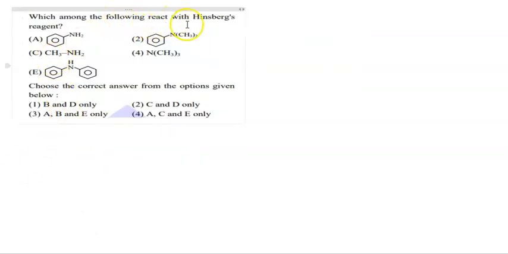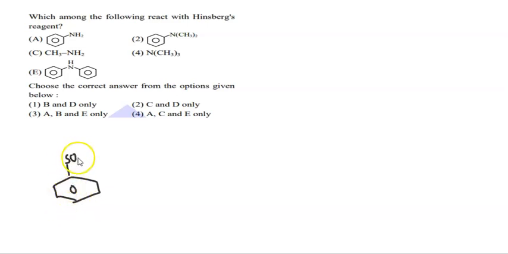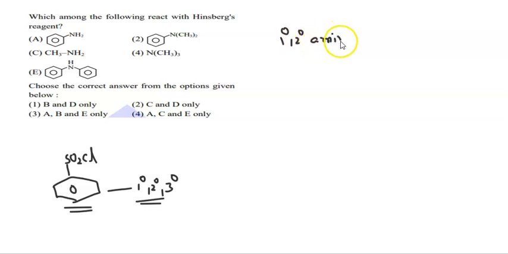Which of the following can react with the Hinsberg reagent? Hinsberg reagent is benzene sulfonyl chloride, which is used to separate primary, secondary and tertiary amines. Hinsberg reagent can react with primary and secondary amines, but it cannot react with tertiary amines.